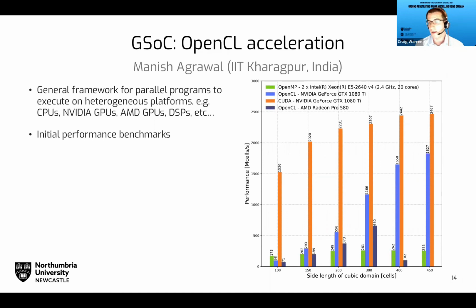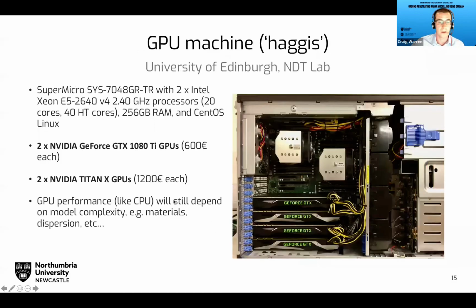You can see that on the same card. The orange bar and the light blue bar basically compare the two different frameworks on the same graphics card. But there's still benefit of using OpenCL over using OpenMP on a CPU. So it's something that we're continuing to develop.